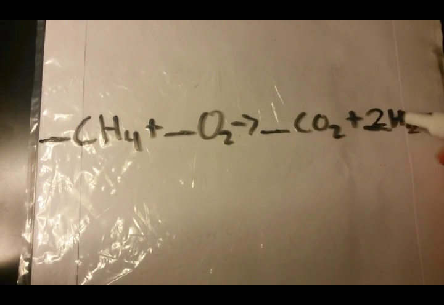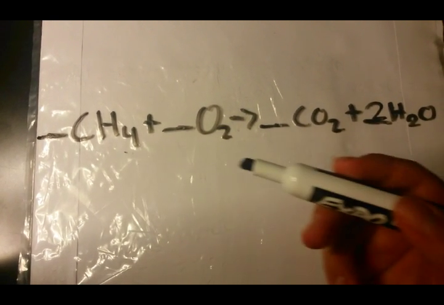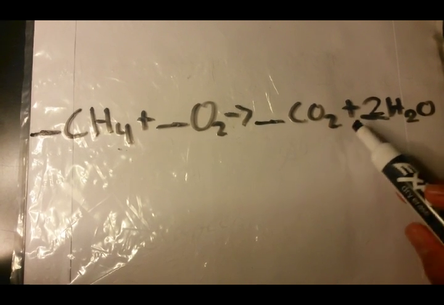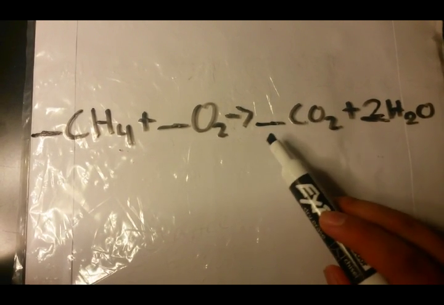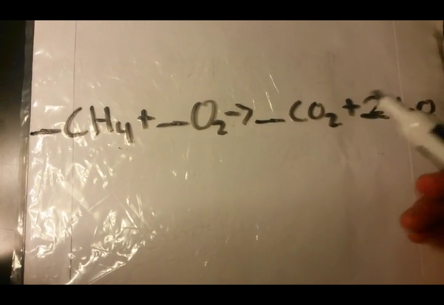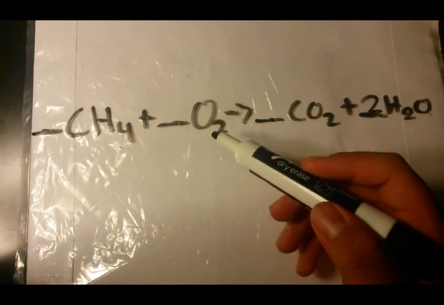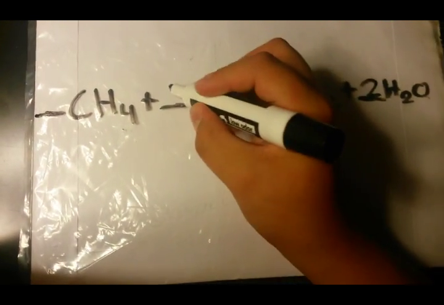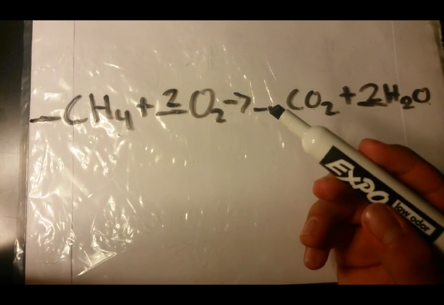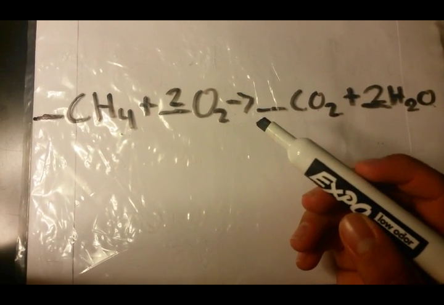And now you have 2 times 2 is 4, and you have 4 over here. So now you have your hydrogen elements balanced out. Now let's balance out the oxygen elements. So over here you have 2 plus another 2, which is 4, and over here you only have 2. So all you have to do is put 2 in front of the O2 and you get 4 oxygen elements.